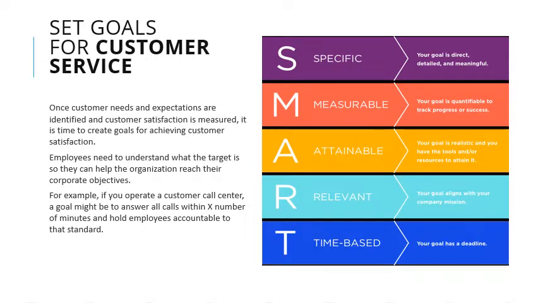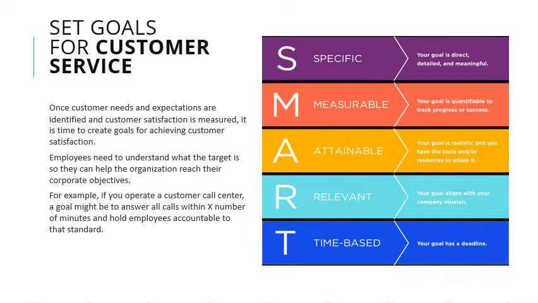Next thing is setting goals for customer service. Being in a company you have started, you should have some goals and objectives. One thing is you should set a goal, and that can be done by the steps of SMART. S means specific: you should be specific about what we are selling or what service we are giving.